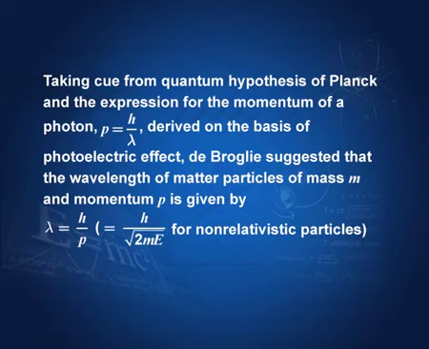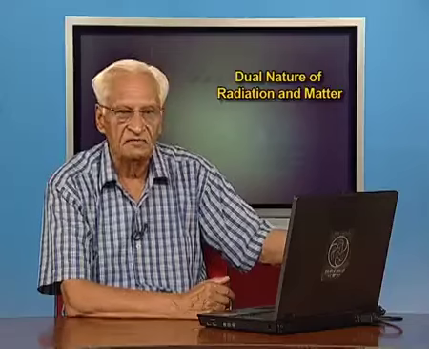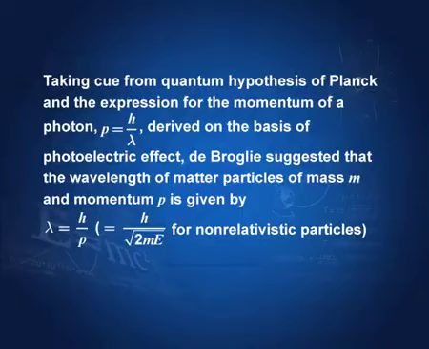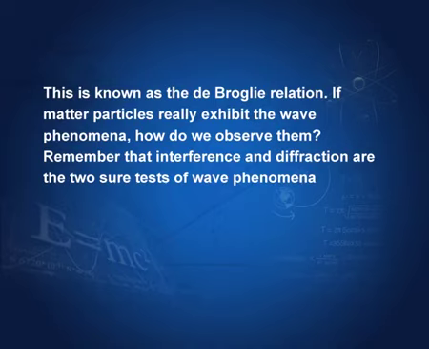So, he said that all particles have waves associated with them, and the wavelength is given by h divided by the momentum of the particle, or divided by the square root of 2 m E. This is known as the de Broglie relation, and this is a very important relation in the development of quantum mechanics.